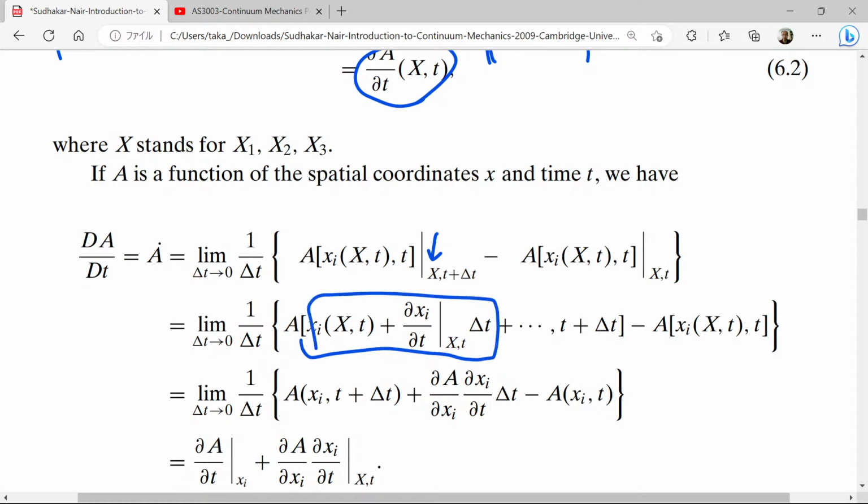This is a change in small x. Then the t also changes. So you have this extra term.